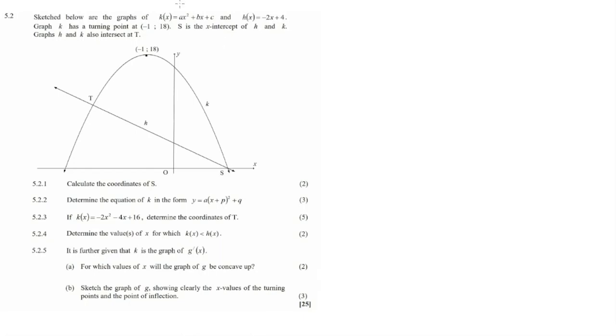Since we don't have the equation for k, we are going to use the equation of h to find the coordinates of S. So 5.2.1, h of x is equal to negative 2x plus 4. 0 equals negative 2x plus 4, then we transpose the 2x so it becomes positive, leaving the 4. x is equal to 2 after dividing both sides by 2.